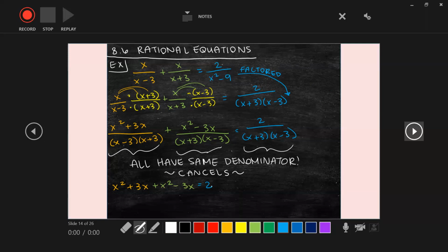Now we know how to solve that, right? So what are some like terms that I can combine, Colton? X squared?